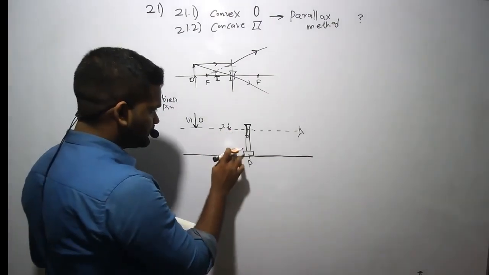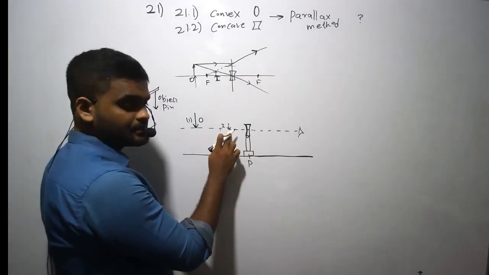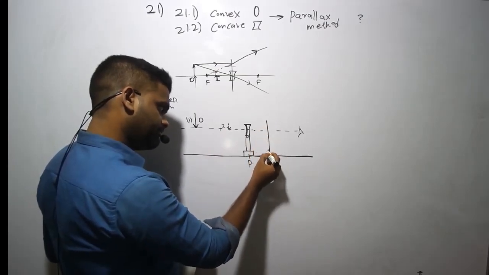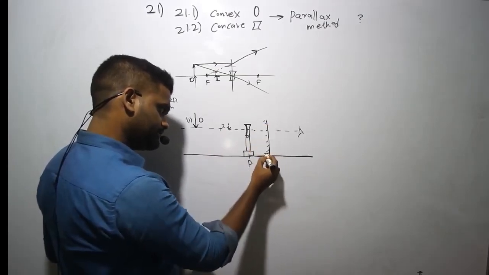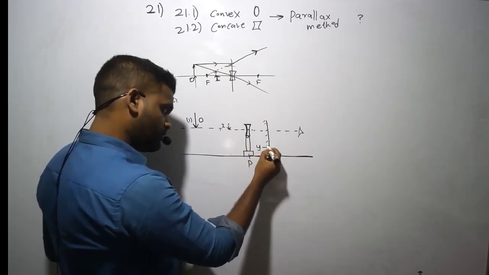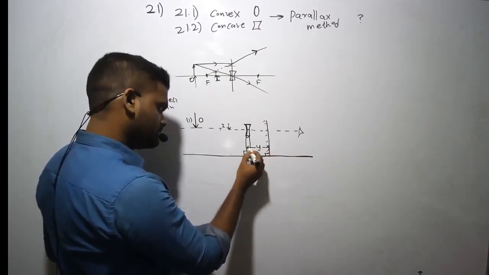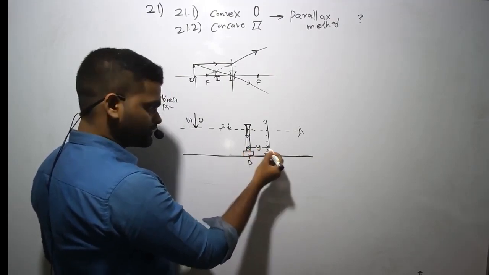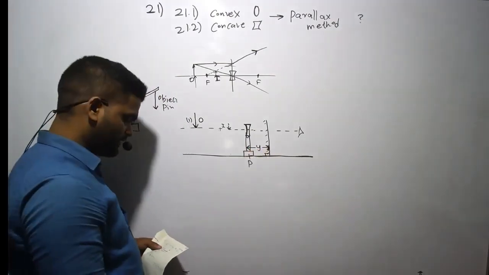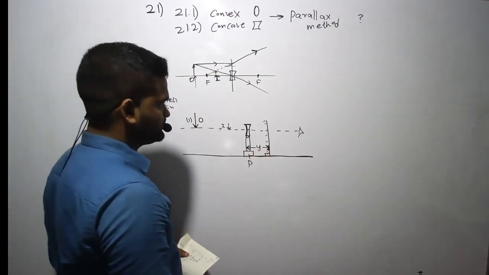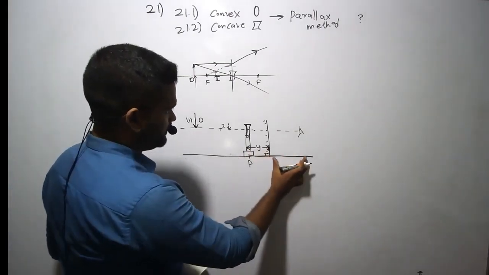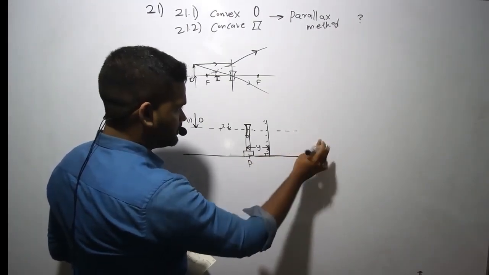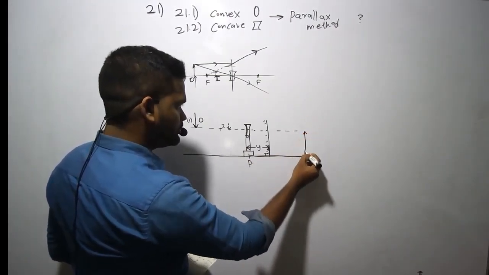So to detect the position of this image, you place a mirror like this at a known distance, let's say 4 centimeters. So you place the mirror at a measured distance. Then the second optical pin, the observing pin, you place it like this.